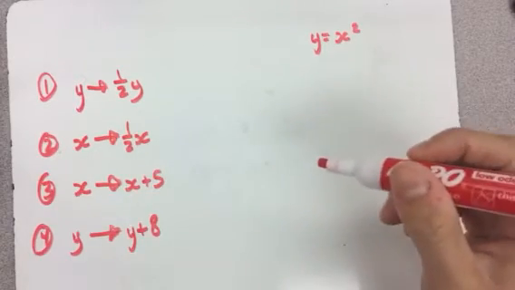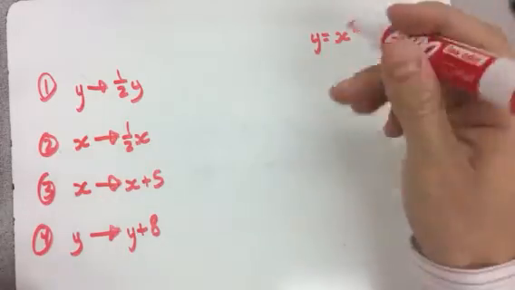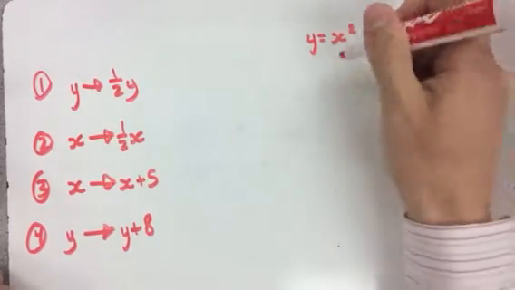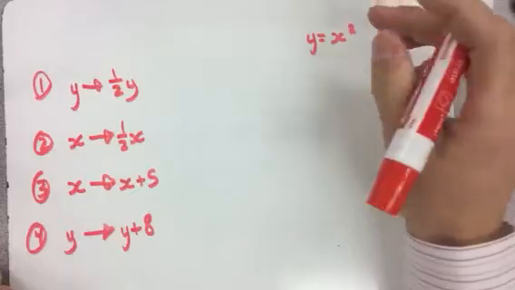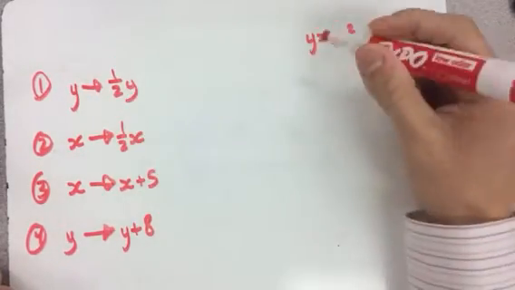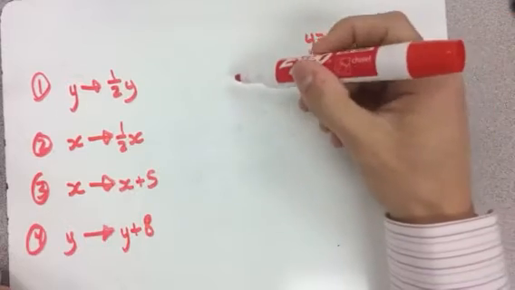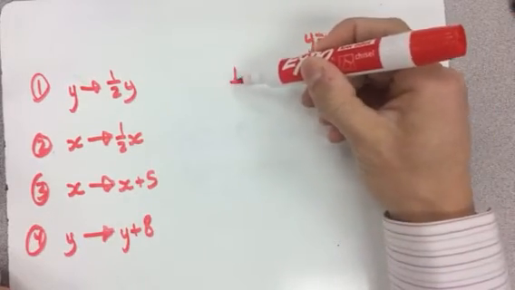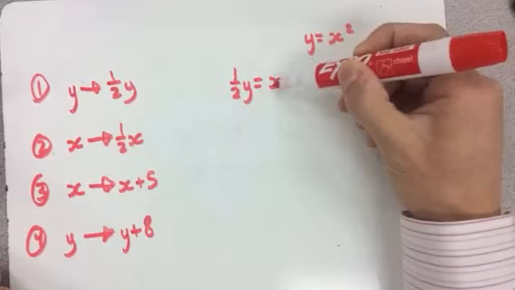All right, so I'm going to apply all of these. You can do it one at a time, or you can do it all at once. This first one I'll do one at a time. So the first one I have is y to 1/2 y. So what that's going to look like is 1/2 y equals x squared.